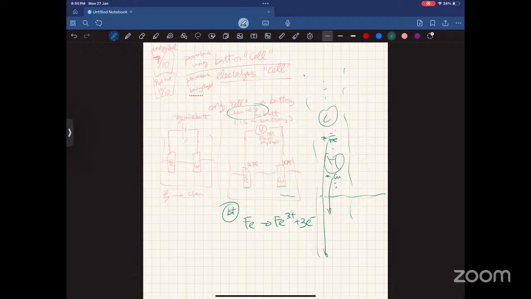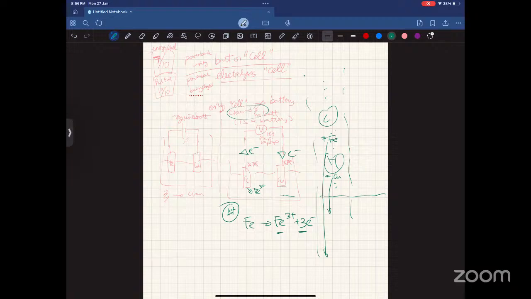Look, this gives off Fe3+ and 3 electrons, correct? Electrons do not want to go to the solution, they cannot dissolve by themselves, so they go to the wire. The Fe3+ cannot go into the wire, it will just go into the solution. Easy peasy. Now, the solution is something else.